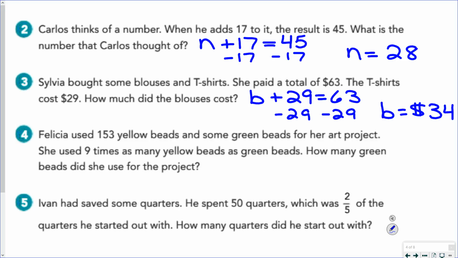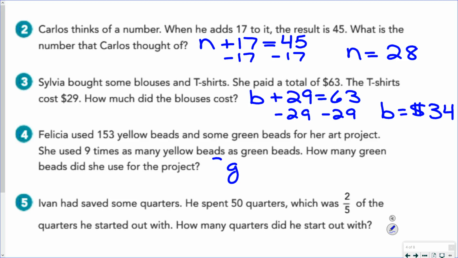Felicia used 153 yellow beads and some green beads for her art project. She used 9 times as many yellow beads as green beads. How many green beads did she use for the project? Well, since we don't know how many green beads she used, we're going to use our variable G. It says she used 9 times as many yellow beads as green beads.